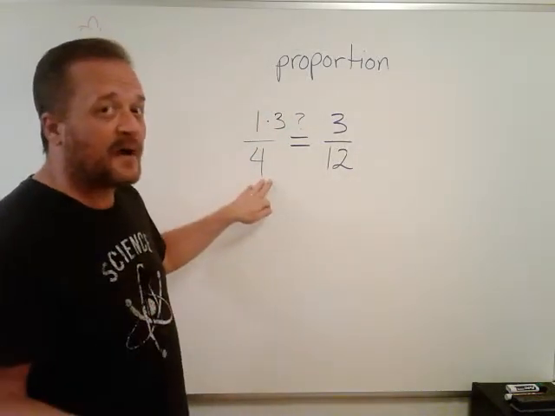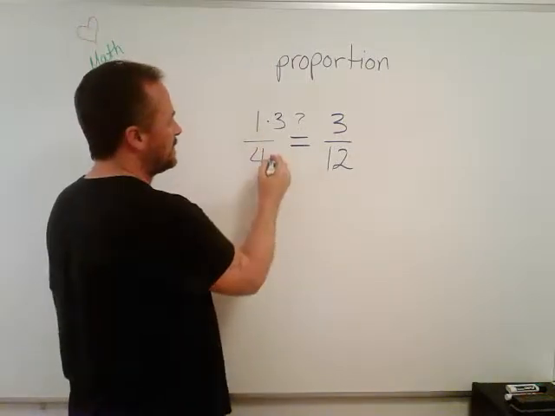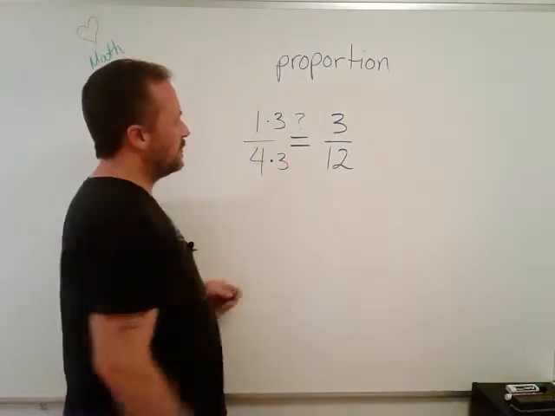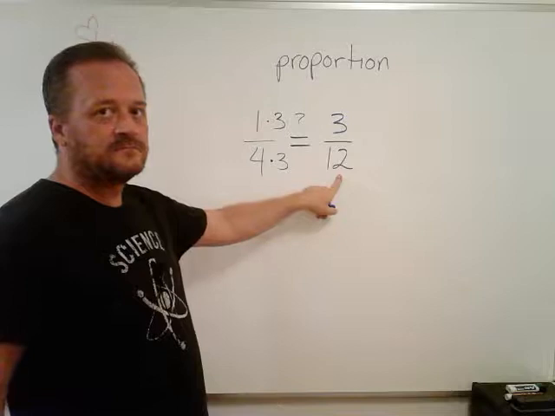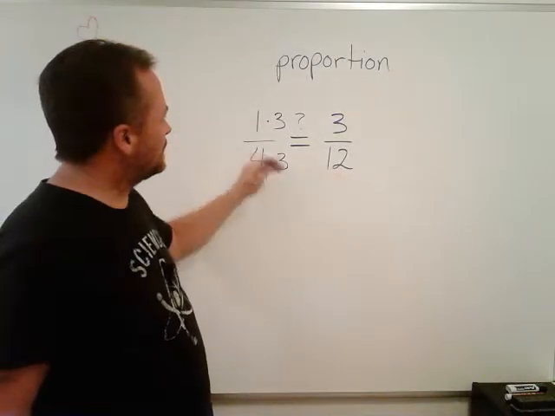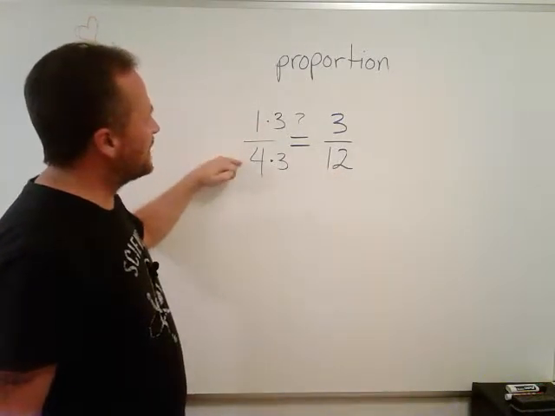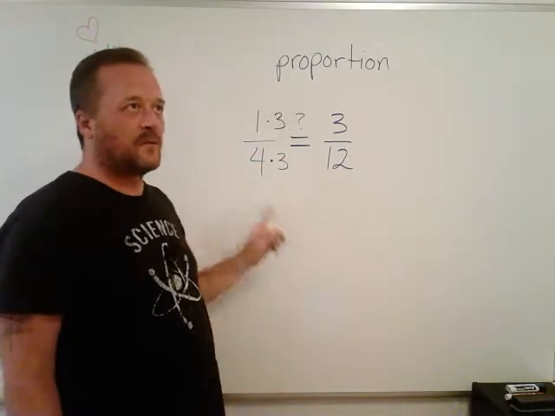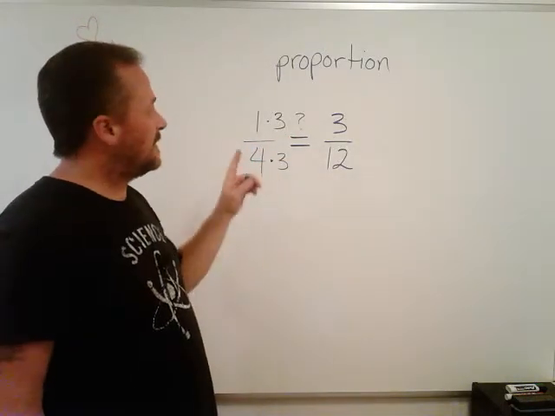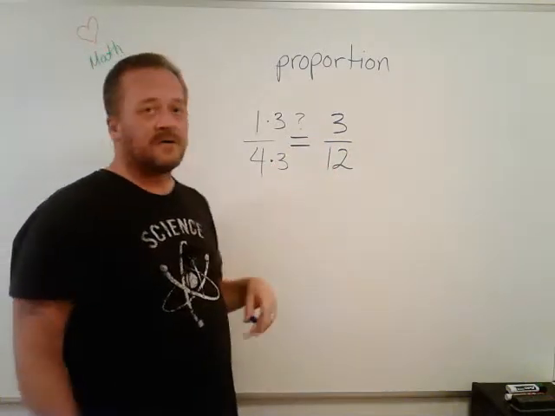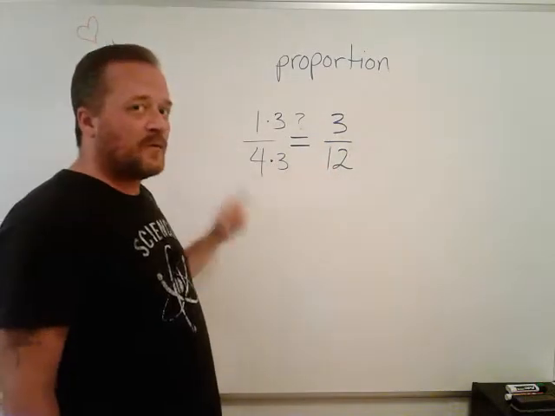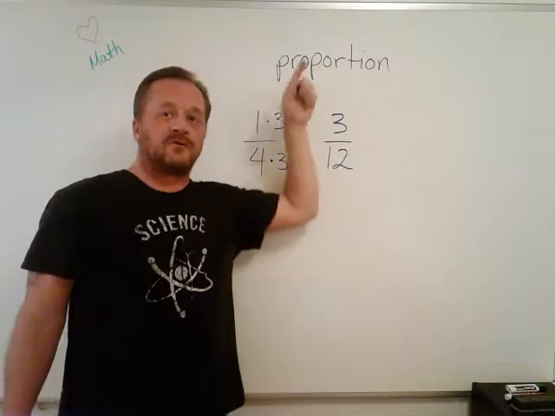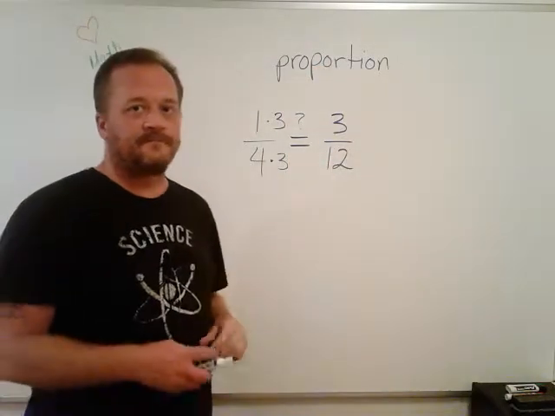If I multiply the bottom number by that same factor, do I get 12? Yeah. So right away I can see by doing this little test right here that this is a true statement. 1 to 4 is indeed equivalent to 3 to 12. Or another way of saying it is 1 to 4 is indeed proportional to 3 to 12.